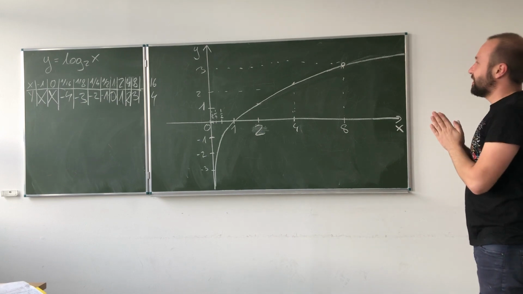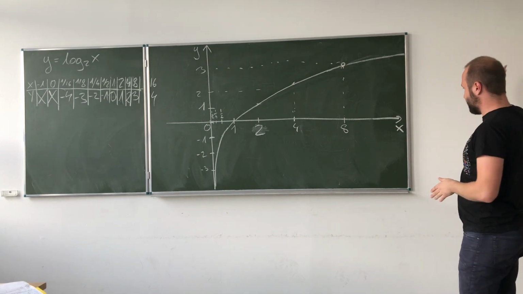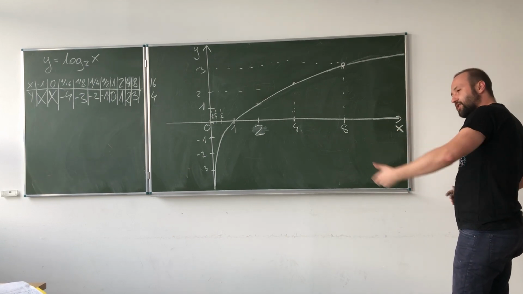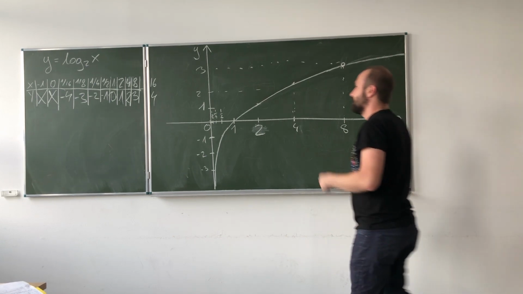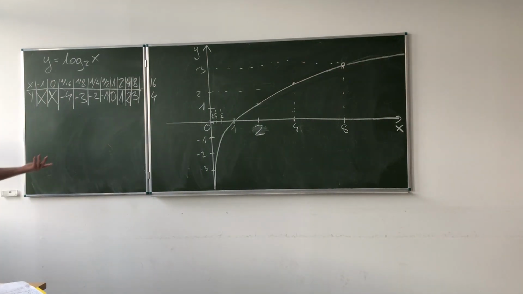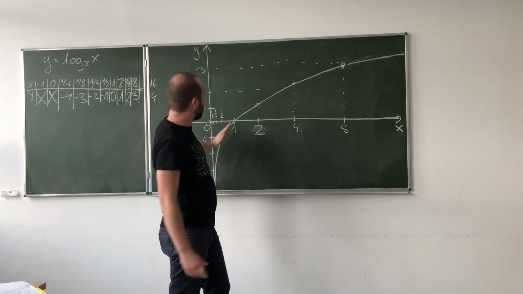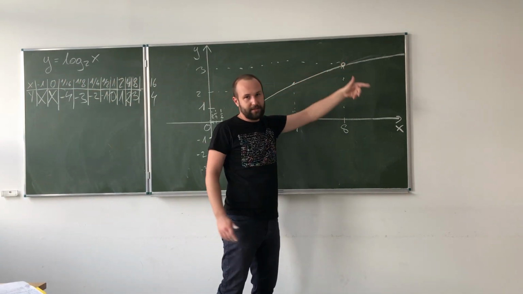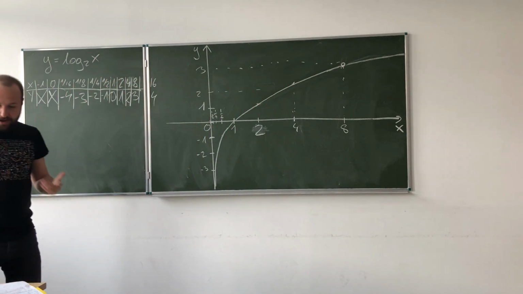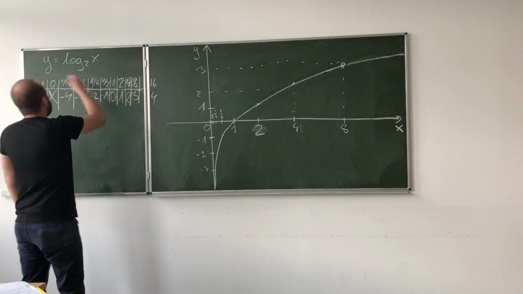And even though this function increases to infinity, so it never stops growing, the growth of this function is slower and slower. So basically what we get here is a concave function that is increasing but at a decreasing rate.